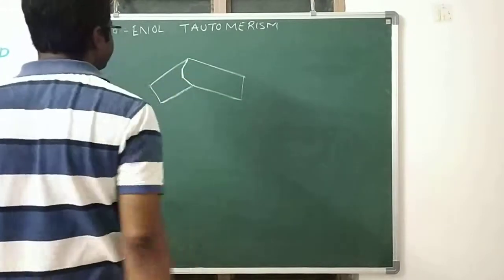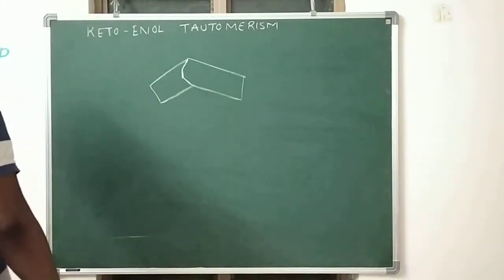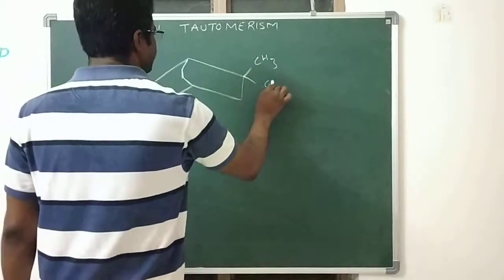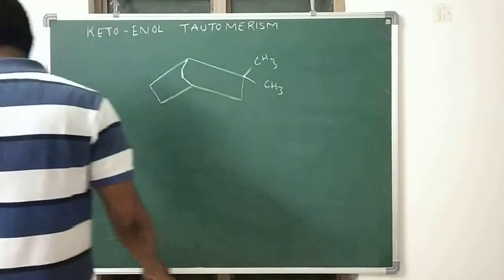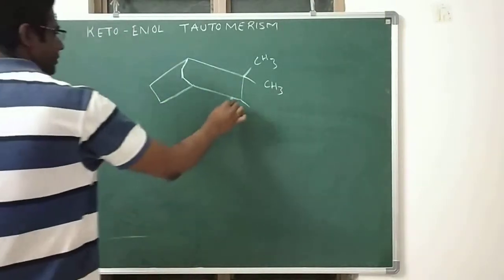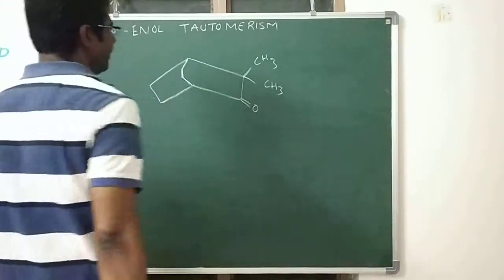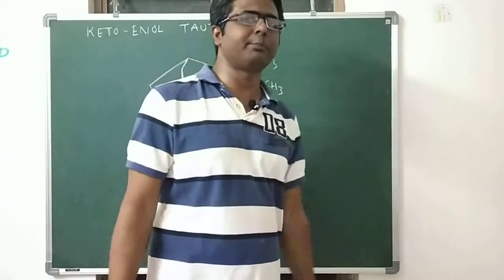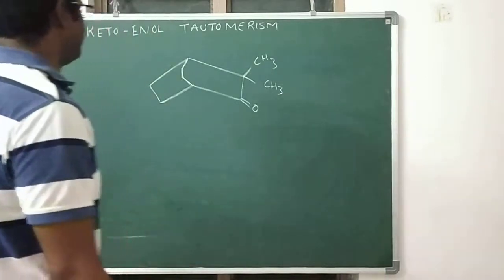So you can understand this is a bridge compound, and over here. Okay. Now, will there be any tautomerism possible in this compound or not? That you have to check.